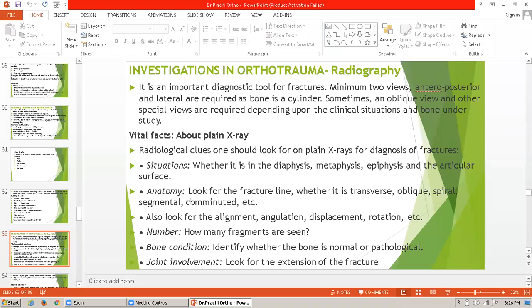In the anatomy, look for the fracture line, whether it is transverse, oblique, spiral, segmental, or comminuted. Also look for the alignment, angulation, displacement, rotation, etc. Then note how many fragments are seen. Identify whether the bone is normal or pathological. Then look for joint involvement, that is, the extension of the fracture.